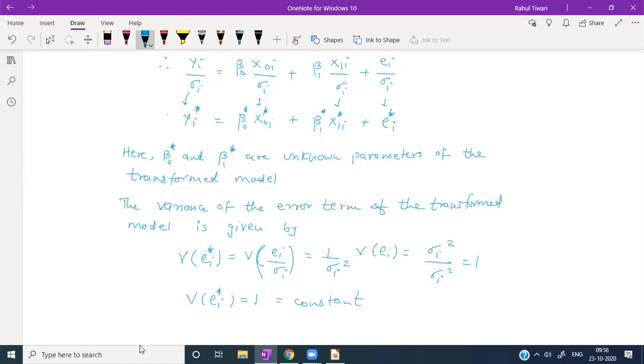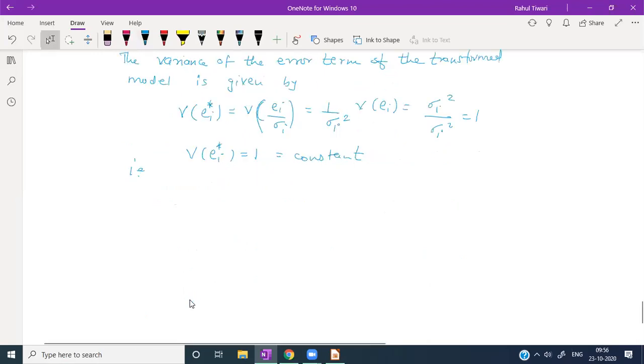Therefore the variance of the transformed disturbance term Ei star is constant.